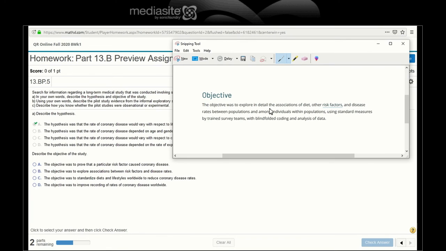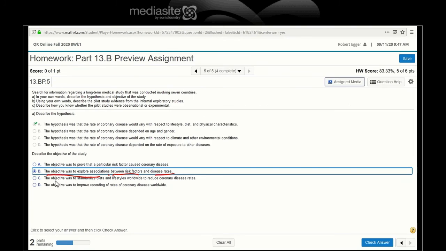The objective was to explore the association between diet, risk factors, and disease rates between populations. So it is B. So it's good to have the source open with you.